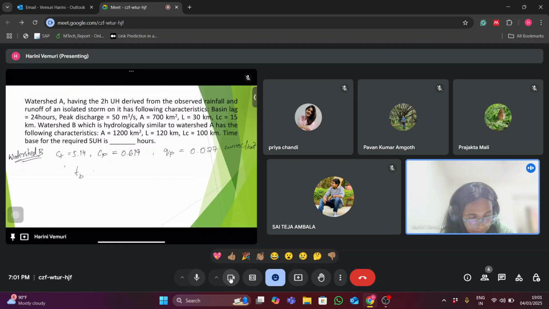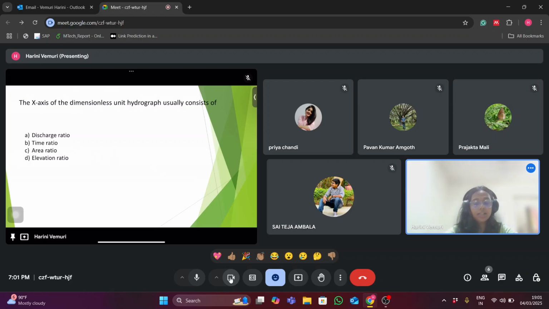And the time base is given as 5.56 by QP. 5.56 by 0.027. That is approximately equal to 205.92 hours. Okay.